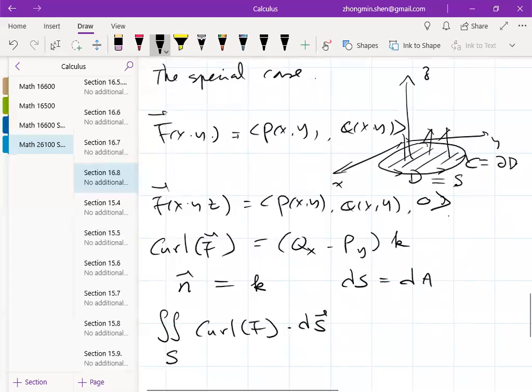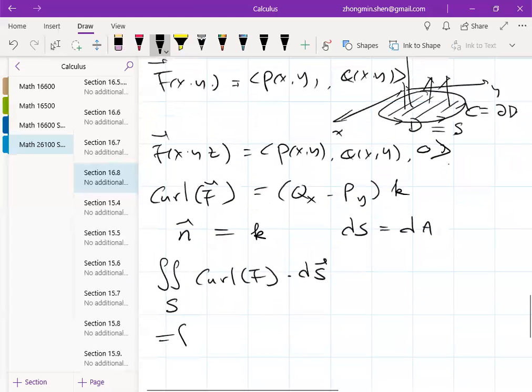Okay. Let's write down what that is. This is the surface integral over the surface of the curl of F dotted with the normal vector dS, right?